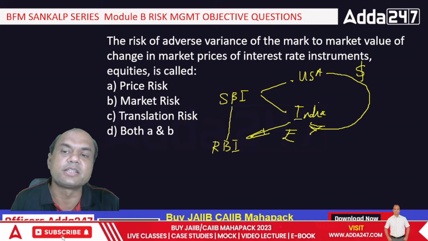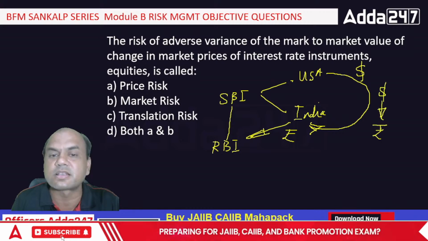When I convert these dollars, if the rate fluctuates, then that is a notional loss, known as translation risk. So the answer is price and market, both A and B.